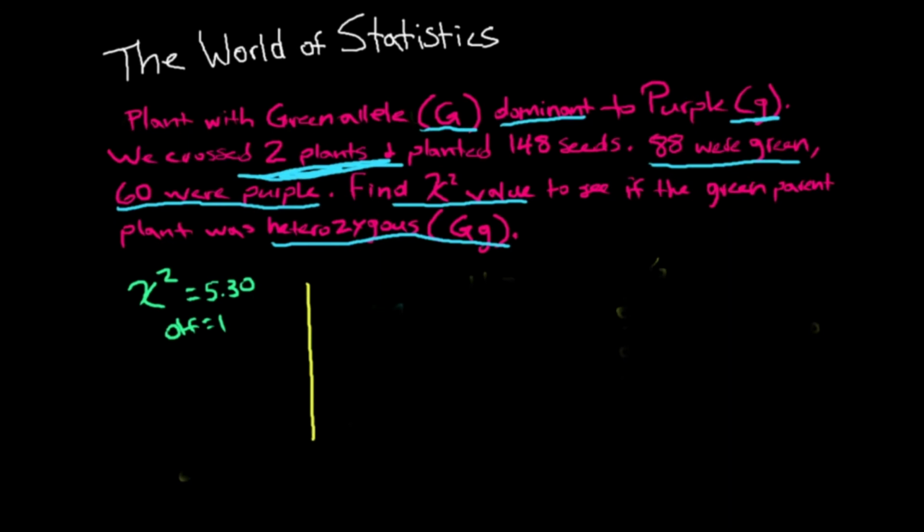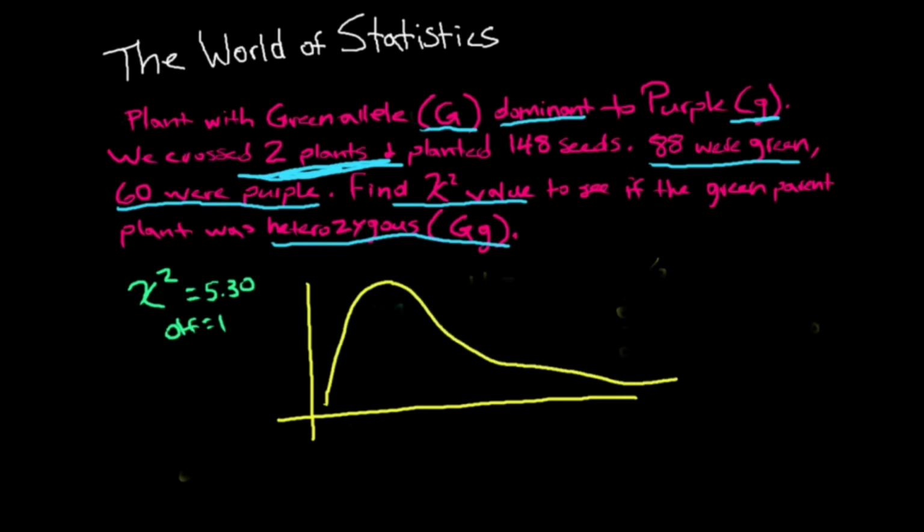So we have our chart. If we draw the chi-squared distribution, it's not a normal distribution. It kind of has this weird tail to it. We don't need to get into the real deep mathematical reasoning why. We just need to know that our value from the table is 3.84. So anything that is beyond this value is what we call the rejection region.